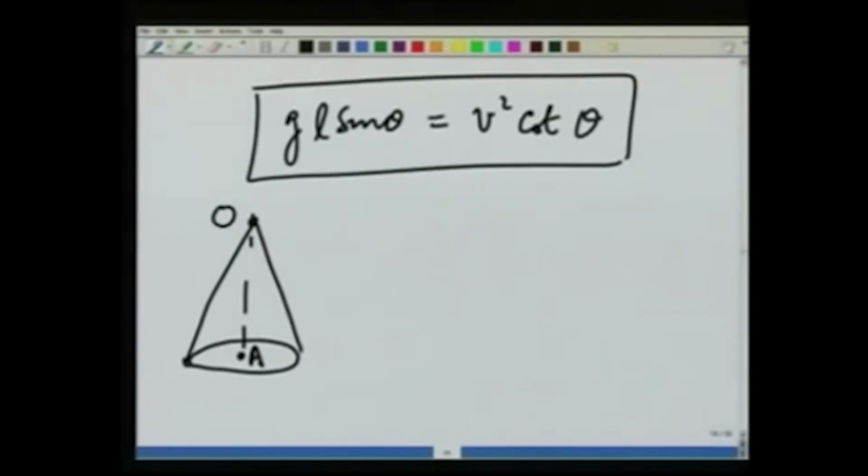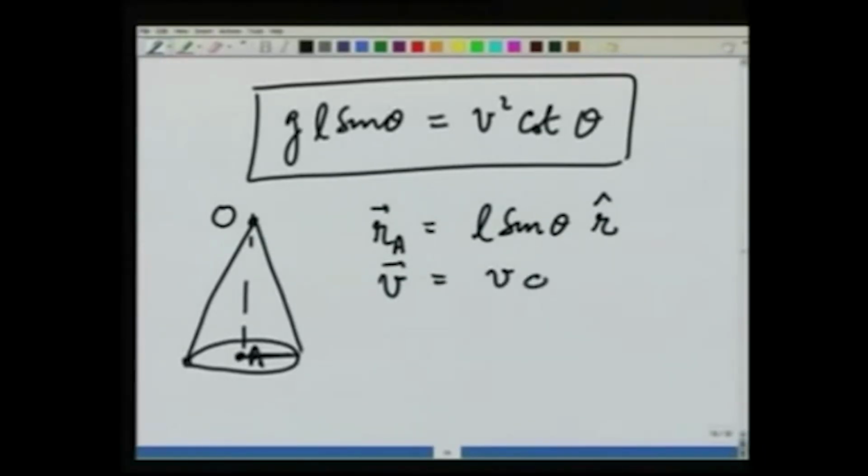Now we are going to do it about point A. If I take A as origin, then r with respect to A is going to be L sin theta in the r direction, and velocity is nothing but v phi, and therefore, angular momentum about A is going to be m v L sin theta, r cross phi is z.